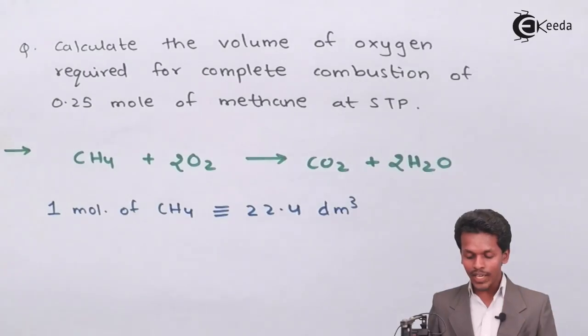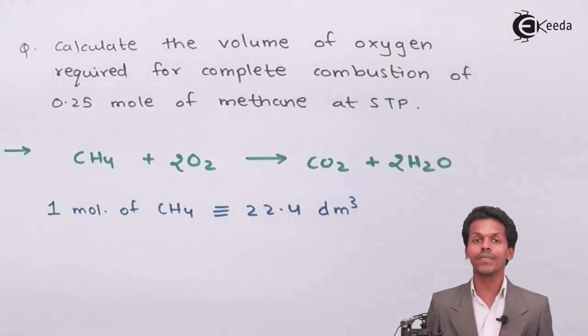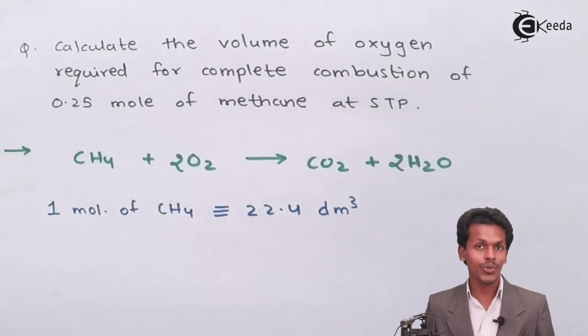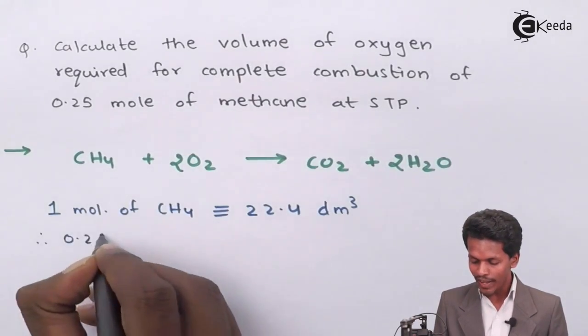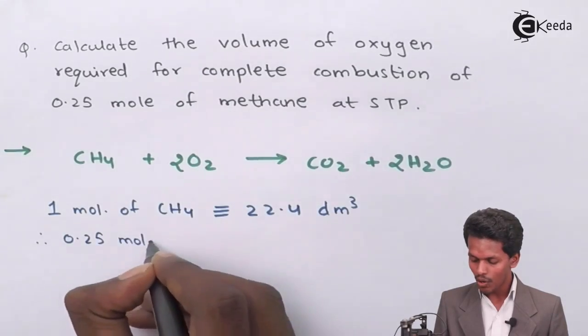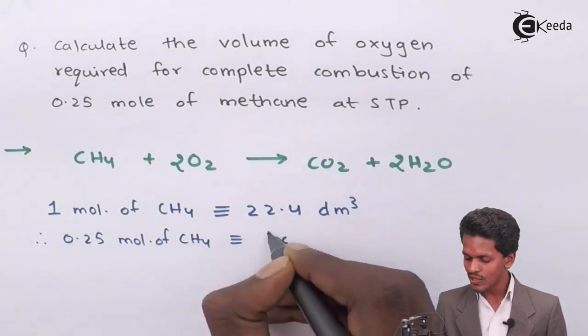So when we are talking about 0.25 mole, then what would be the volume of the methane? Suppose 0.25 mole of CH4 will occupy X volume.